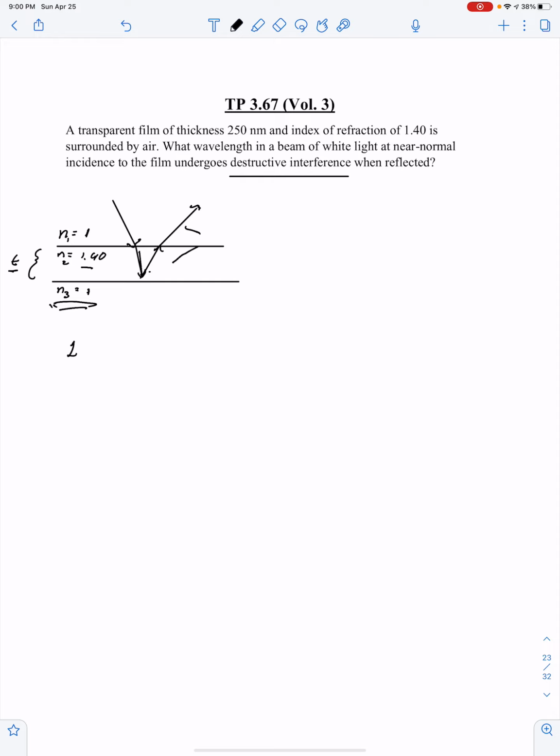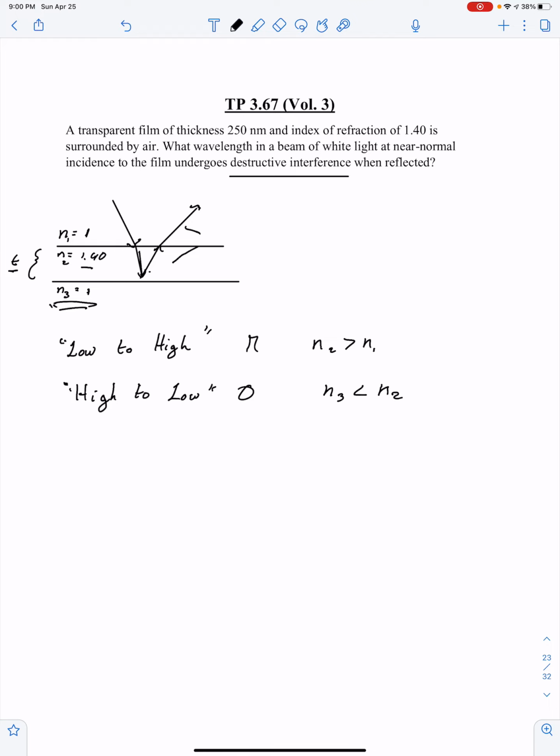So from the first line, it goes from low to high, because from air to the index of refraction of 1.4, that is low to high, meaning that is pi, n2 is bigger than n1. And then again it goes from high to low, and that is equal to 0. n3 is less than n2.